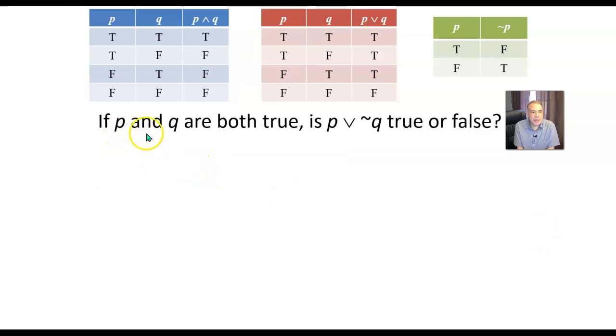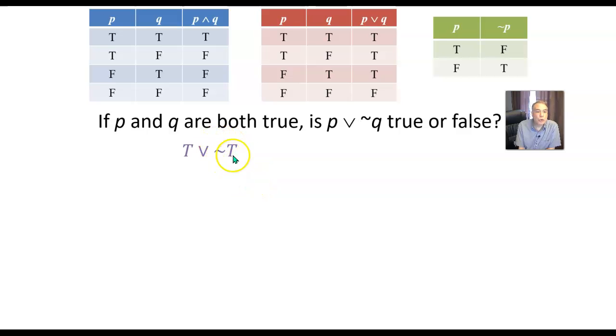How about this? If P and Q are both true, is P or not Q true or false? Let's evaluate the compound statement P or not Q when we stick in true for P and true for Q. So then it looks like true or not true.